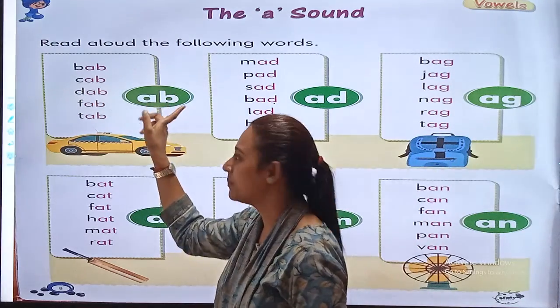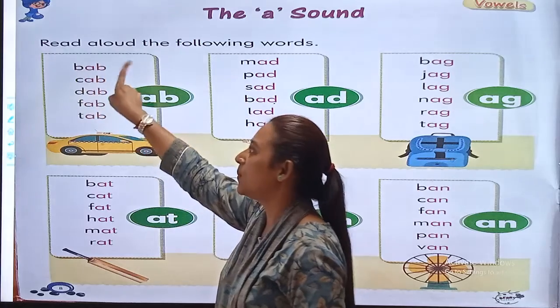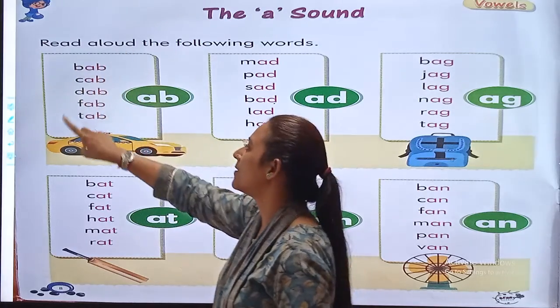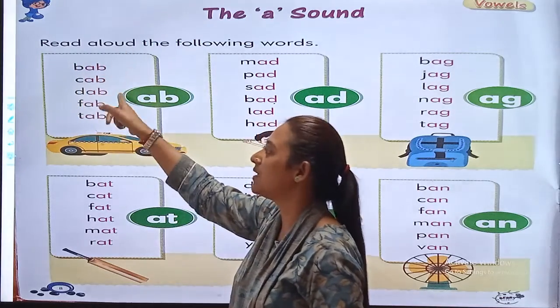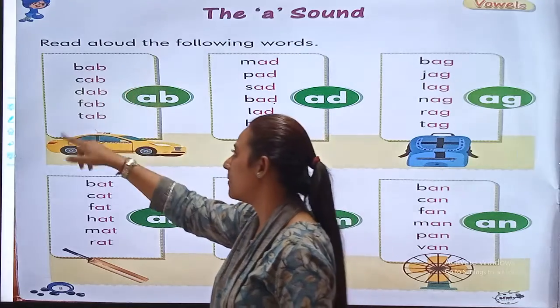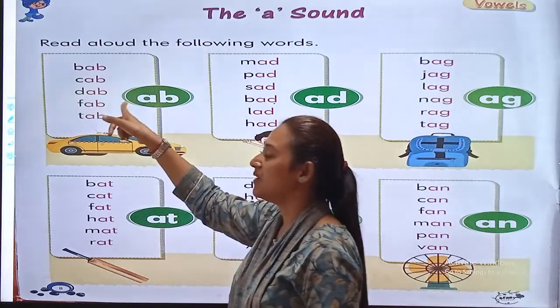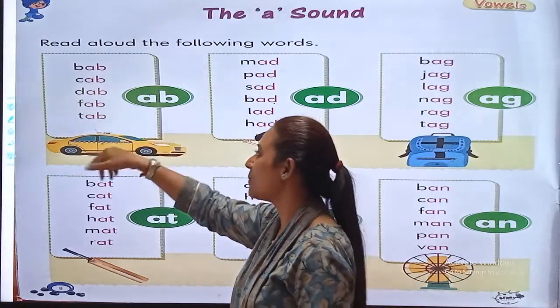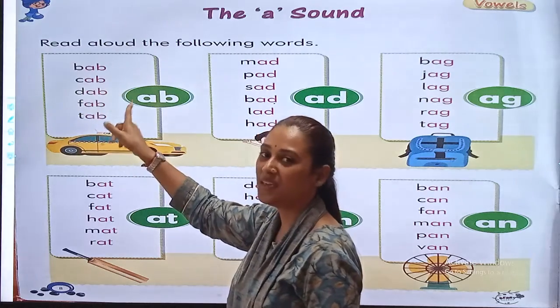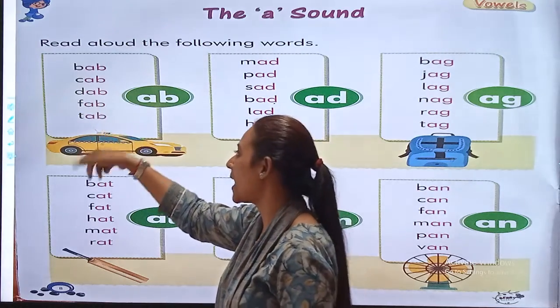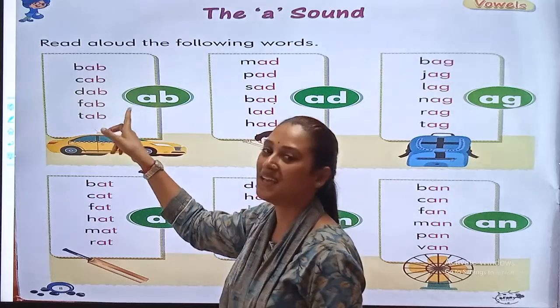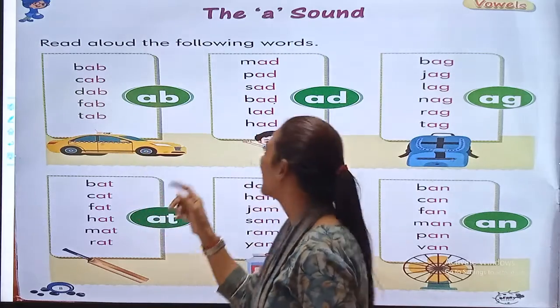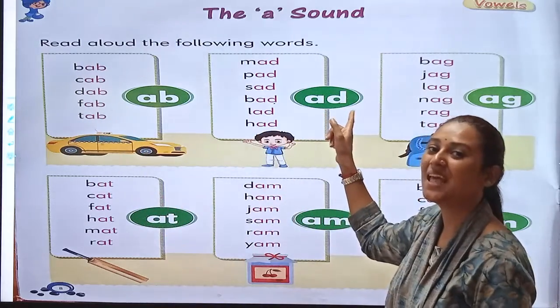A-B, egg. So B-A-B, bag. C-A-B, can. D-A-B, dad. F-A-B, fan. T-A-B, tan. Then A-D, egg.